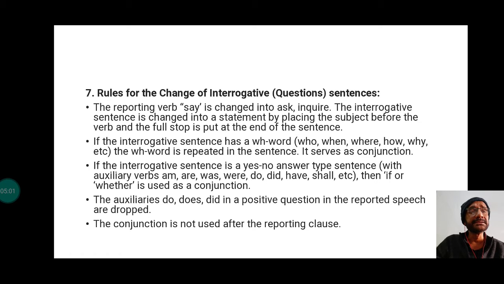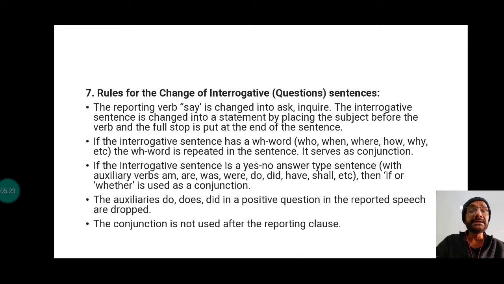Ram said, "Was I dreaming?" It becomes, Ram asked if he was dreaming. So "was" moves after "he", and it becomes an assertive sentence, right?